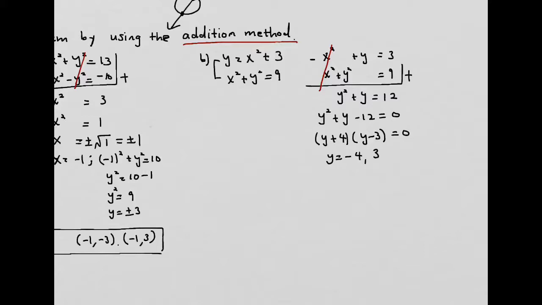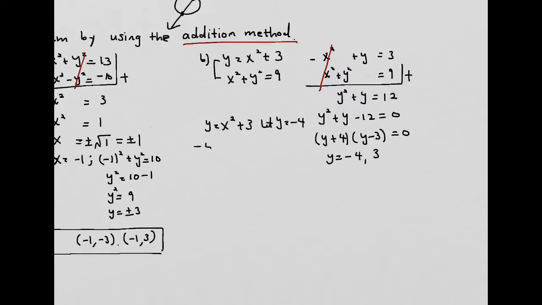So I'm going to replace it into my quadratic equation. Quadratic, right? So then I'm going to replace y equal x squared plus 3, and I'm going to let y equal -4 and see if we can find x.